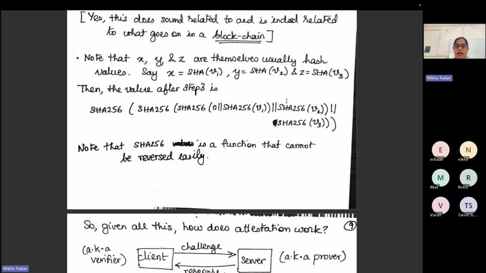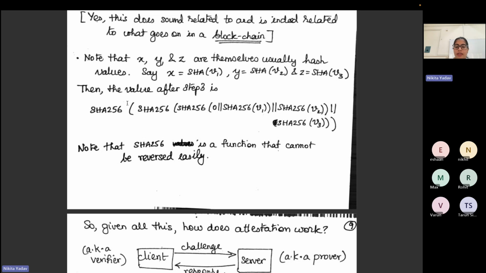Even if the TPM gives this final PCR value back to the user, the user will not be able to reverse this, because the user will not be able to find these values x, y, z, or generate any input x, y, z values which will result in the same SHA-256 value.